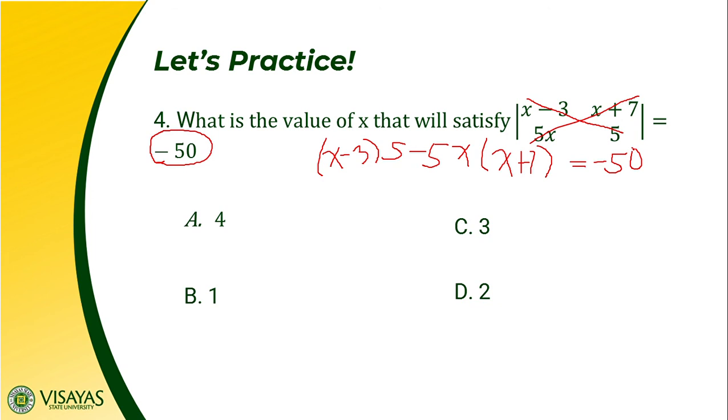Okay, so next we just simplify this one. 5 times x, we have here 5x, and 5 times negative 3 is negative 15.